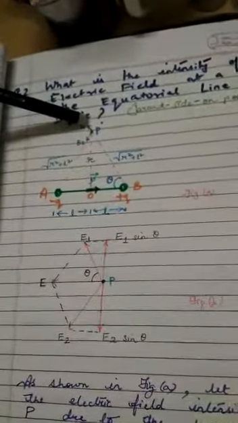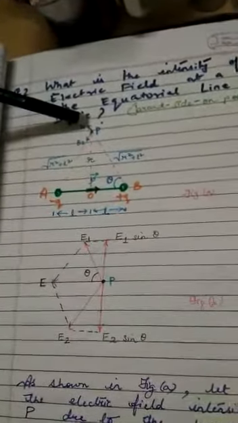So the hypotenuse is the square root of r square plus L square. If we square it, the square root sign vanishes. What is left is r square plus L square. So charge by square of the distance, the distance between the charge and the point P. This is for plus q, this is for minus q, E1, E2.